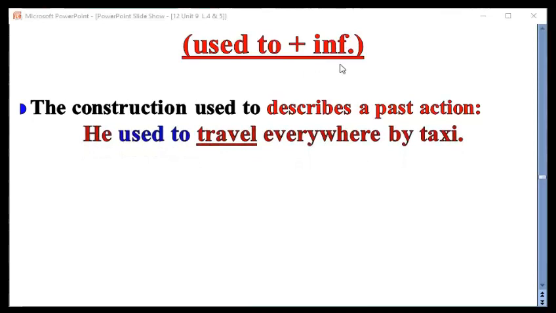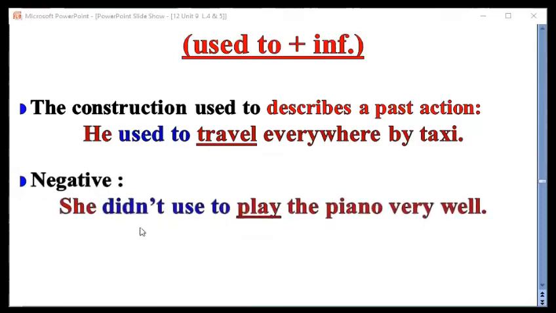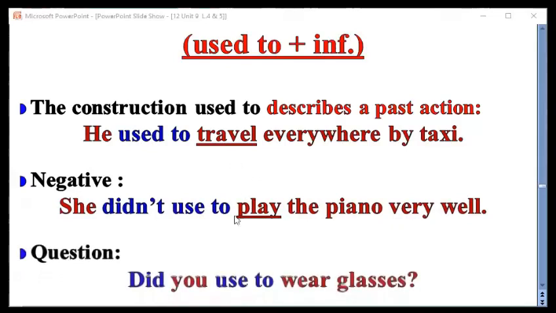Used to plus infinitive. He used to travel everywhere by taxi, but now he does not. So used to describes a past action. In the negative form, we can use didn't in addition to the infinitive form, use to, and the infinitive play. In the question also we can use did you, and the infinitive here, use to.